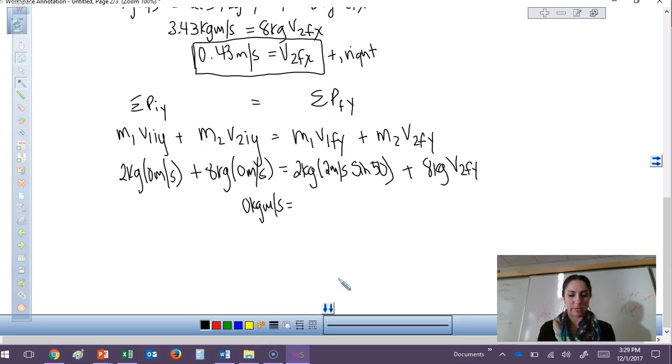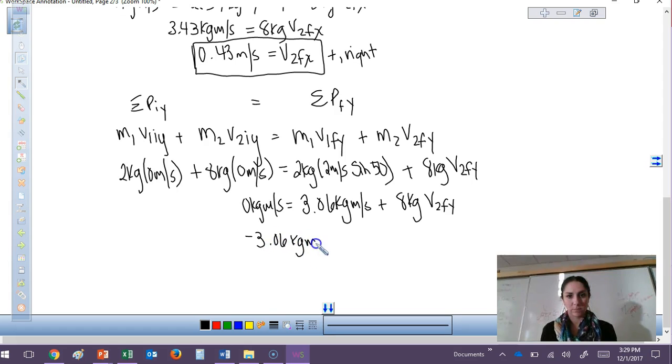So let's go ahead and simplify 2 times sine of 50, 3.06 kilograms meters per second, like that, plus 8 kilograms V2y. So that means basically that this moves over and becomes negative. And then, of course, to get the variable, I'm going to divide the 3 by 8.